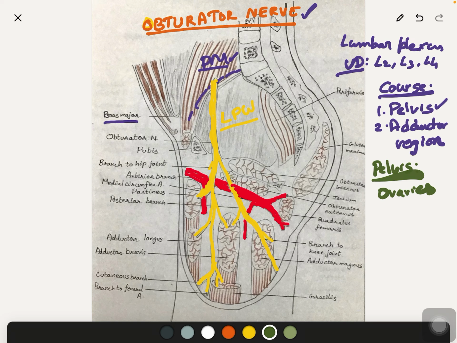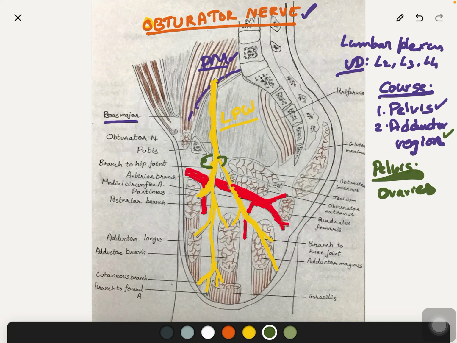Then it enters the medial compartment of the thigh, or the adductor region. How does it enter? By passing through the obturator canal. So here is the obturator canal in the obturator foramen.